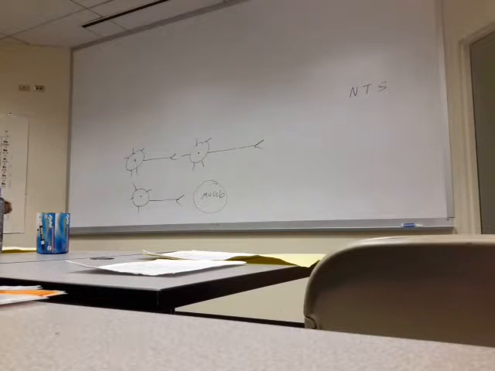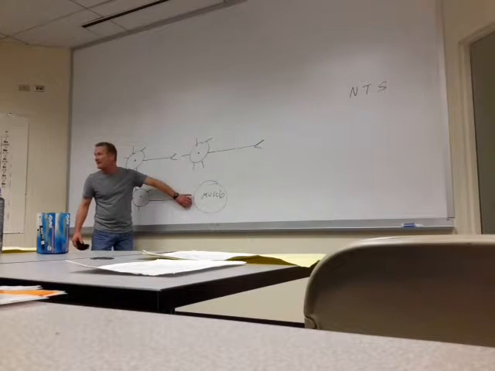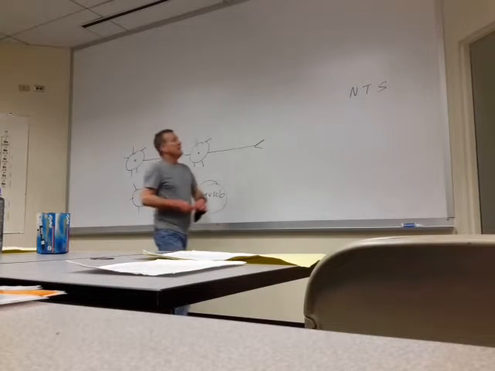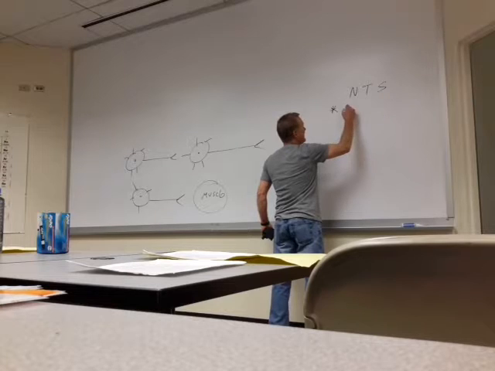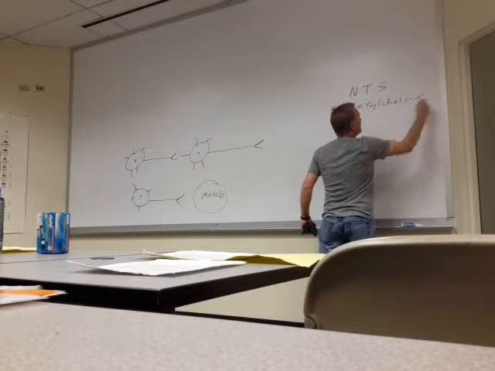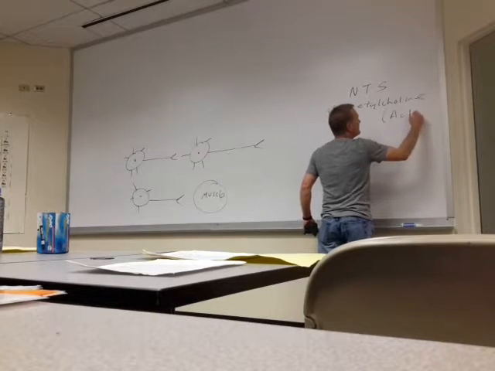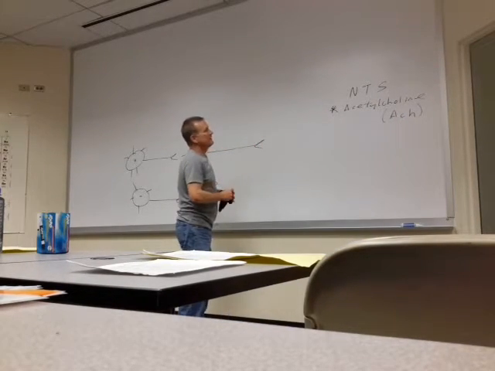In other words, molecular events of muscle contraction, action potential in a motor neuron, release of what at the myoneural junction? Acetylcholine. You know that acetylcholine is the most common neurotransmitter in the body. Abbreviated ACH.